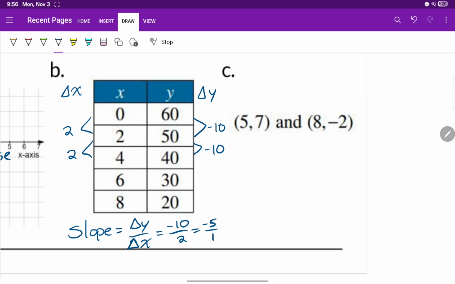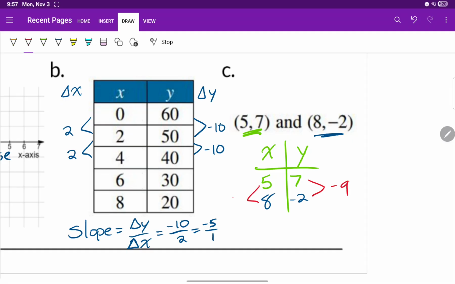Okay, keep rolling along here. For this last example, I'm going to do this in my favorite way, which is just stacking these, called the stacking method. We're going to go x and y. We're going to create a little table of values. 5, 7, that's my first point. My other point is 8, -2. And all I'm going to do is figure out what this is changing by, which is -9.